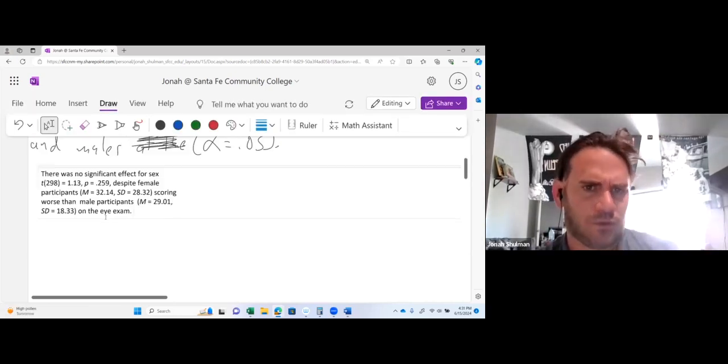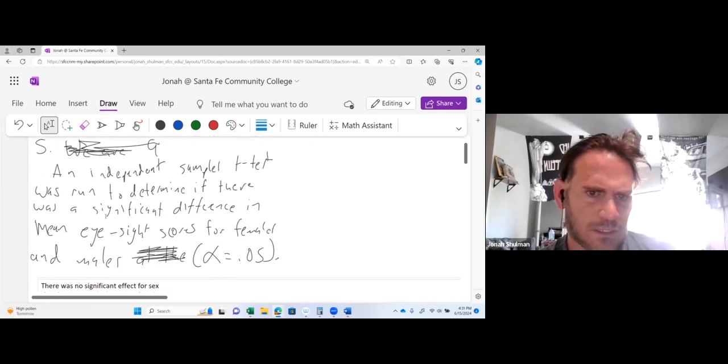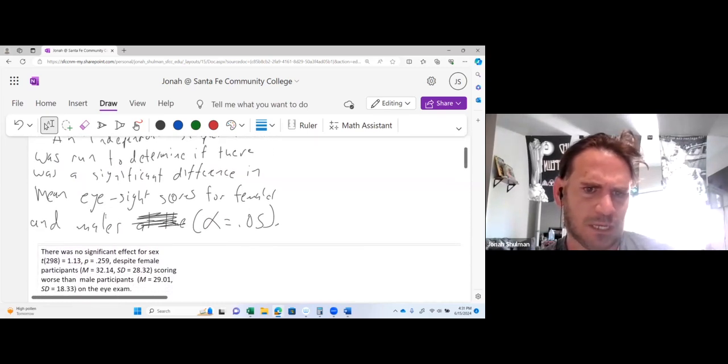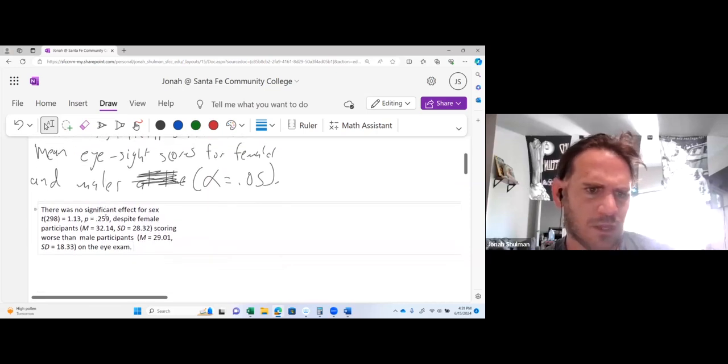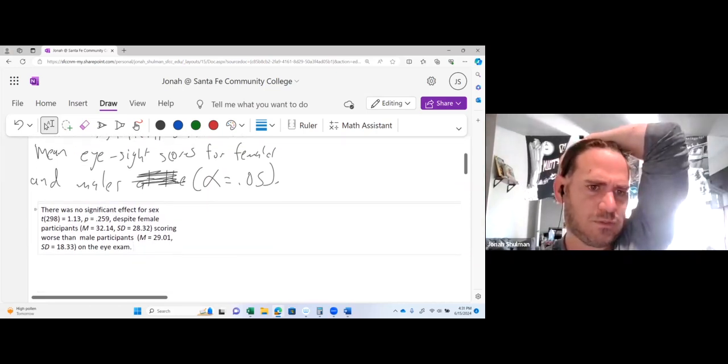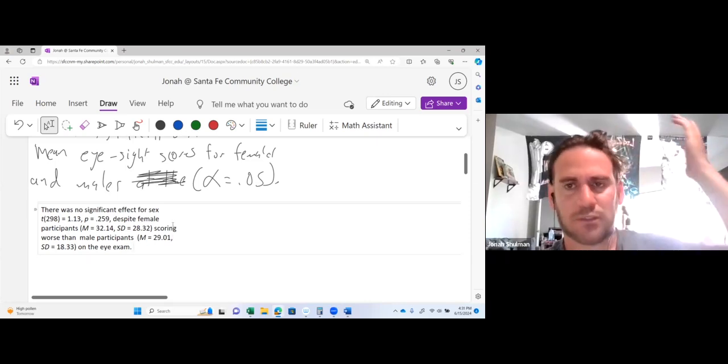All right, cool. So there's the first sentence. An independent samples t-test was run to determine if there was a significant difference in mean eyesight scores for females and males. There was no significant effect for sex, despite female participants scoring worse than male participants on the exam.